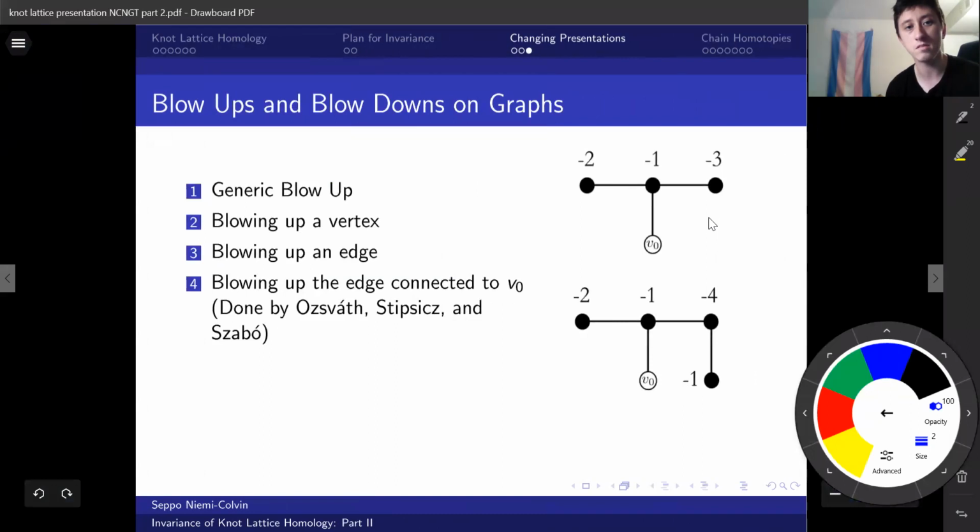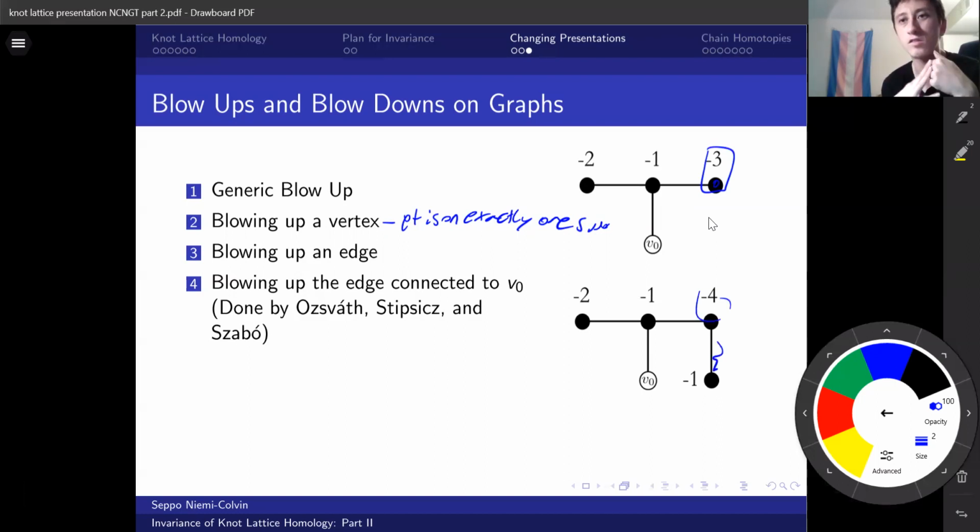The next piece is blowing up a vertex, which is where the point is on exactly one surface in the preimage of the singularity. And you can see here, we went from this -3 to a -4 connected to the new sphere, often called the exceptional sphere.